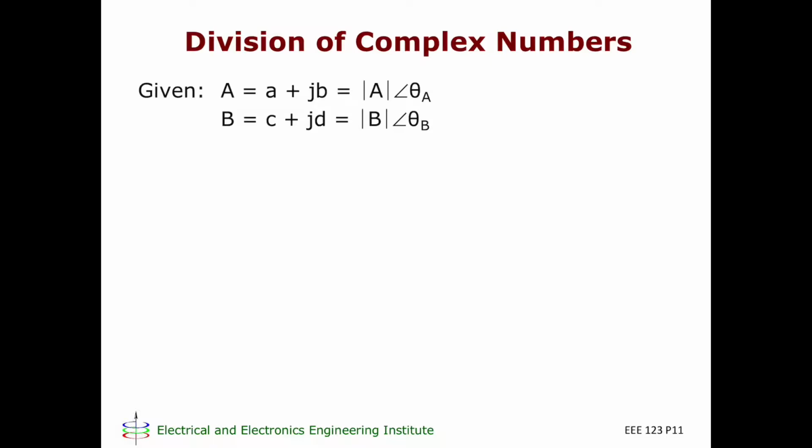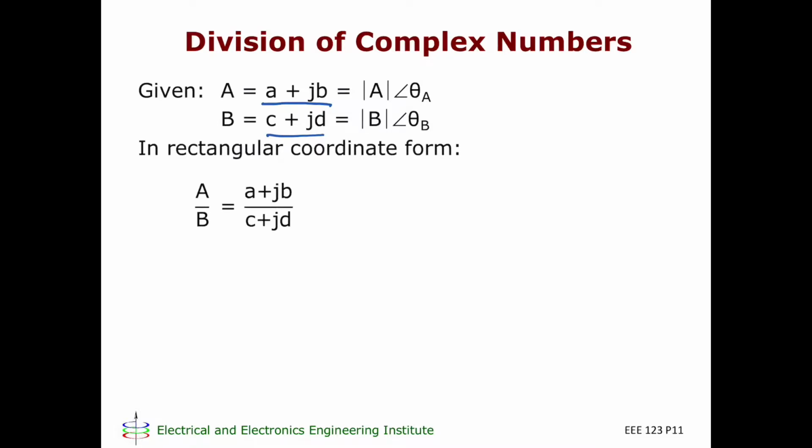Finally, let's take a look at division. So if I have A equal to a plus jb and B equal to c plus jd, if I try to get the quotient A over B in rectangular form, that will be a plus jb over c plus jd. Now what we want to do here is place this in the form x plus jy.